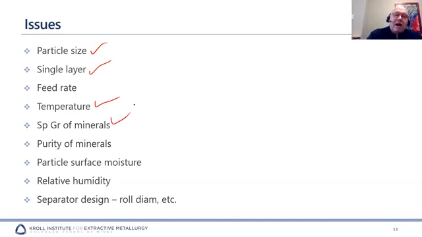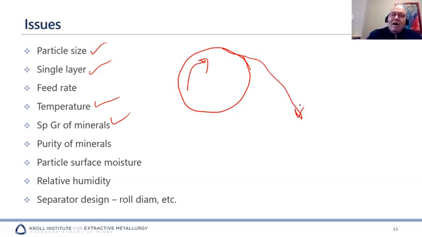The specific gravity, because you can imagine that as this drum is turning, if you're trying to throw something off and it's got a high specific gravity, in addition to having lost its charge, it may in fact come down here and it could get confused with the mids.